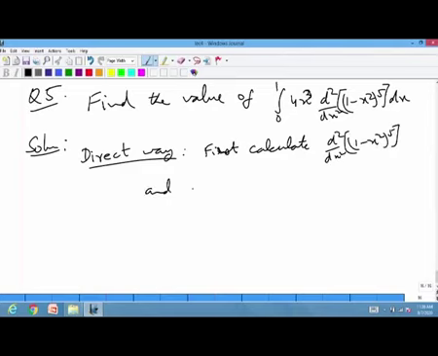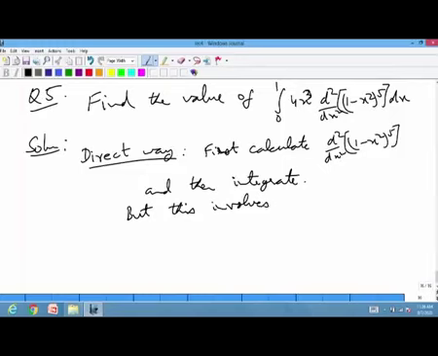and then integrate. But if you see, this will involve a lot of computations.